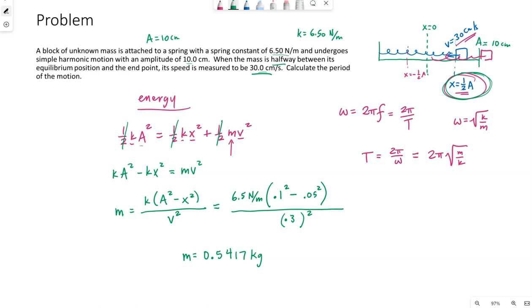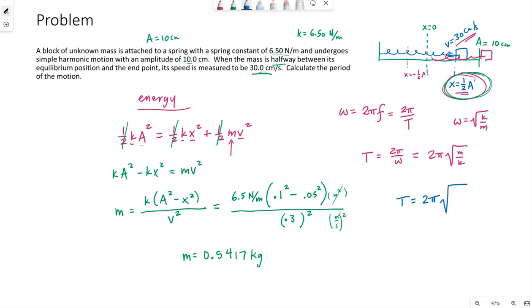Now technically, because the meters squared up here is canceling with the meters per second, the meters in there, we could technically have left that in centimeters and it would have worked out and still given us kilograms. But the safe bet is to put our units in SI units so that we know we're coming up with an SI answer.